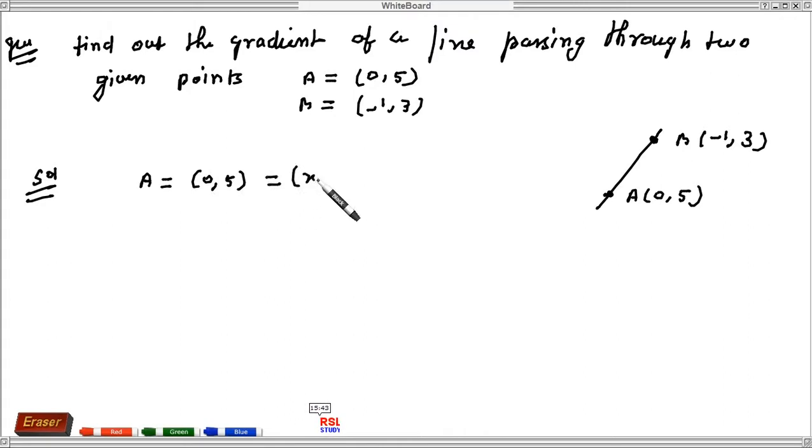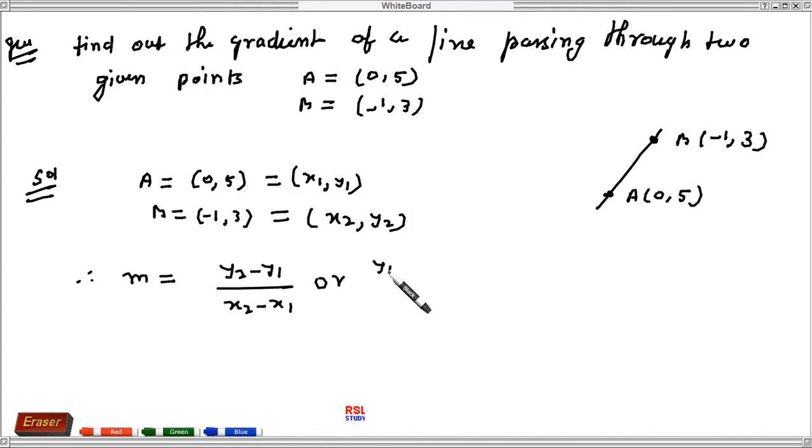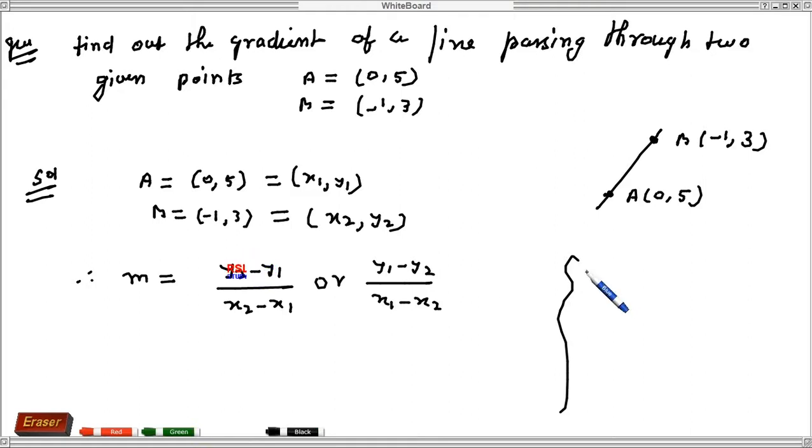So this means x1 and y1, and this means the coordinates x2 and y2 are given. So we will write the general equation of a line passing through 2 points, and m is y2 minus y1 by x2 minus x1, as we know, or y1 minus y2. So the slope of this line can be defined by using this formula.